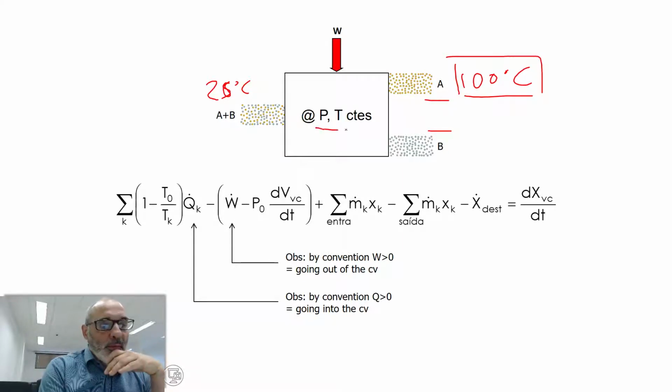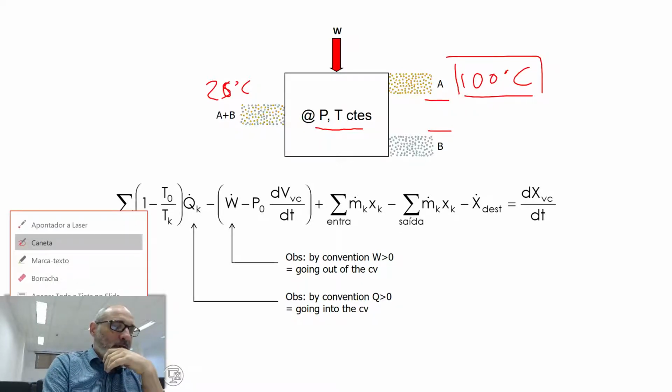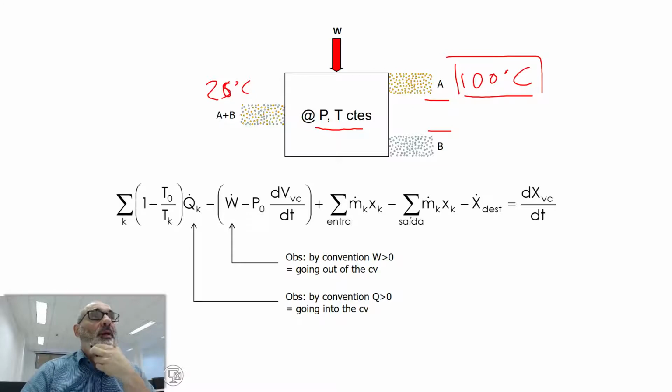So we're fixing pressure and temperature because, as I was saying, we want to calculate the minimum amount of work necessary for the separation, okay?